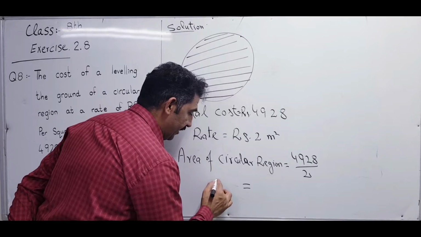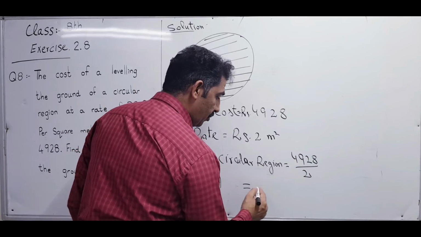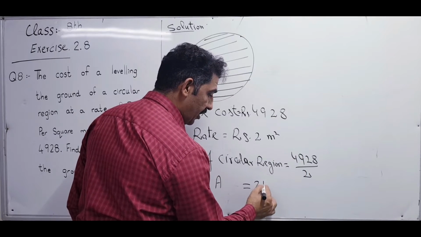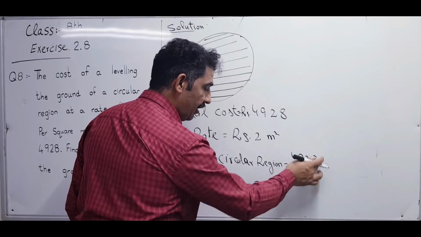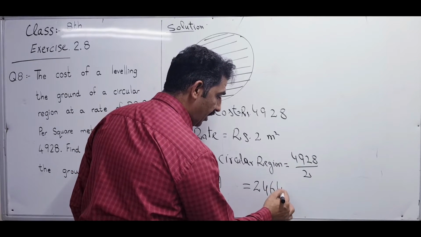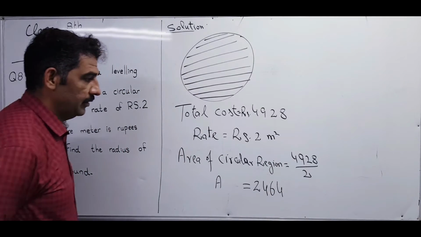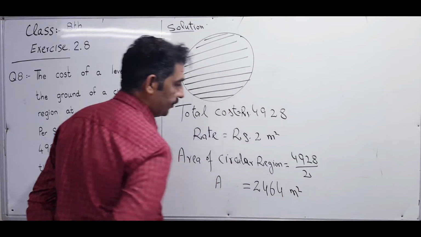That is area, which is denoted by A. So 2 2s are 4, 2 4s are 8, 1 carry, 2 6s are 12, and 2 4s are 8. That is the area, and area is always in square meter.